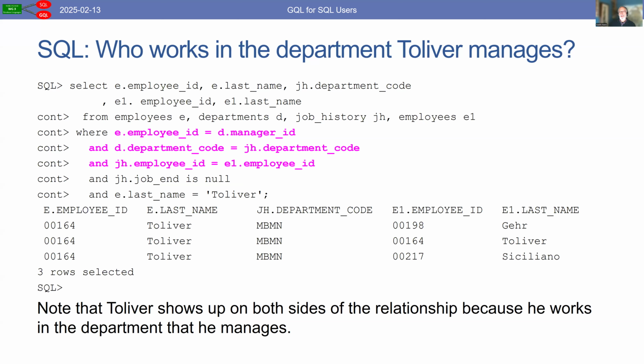I have to go to departments to find the departments that Tolliver manages, and then I have to use the job history records to find other employees. So I'm going to have a 4-table join with a more complex where clause. In this case, Tolliver shows up on both sides of this relationship because Tolliver actually works in the department that he manages.